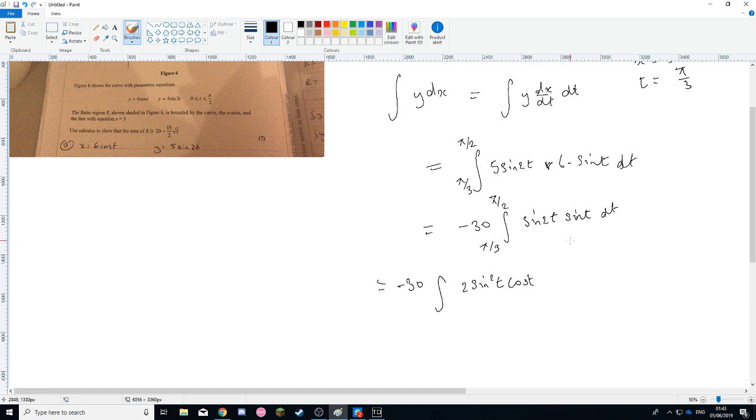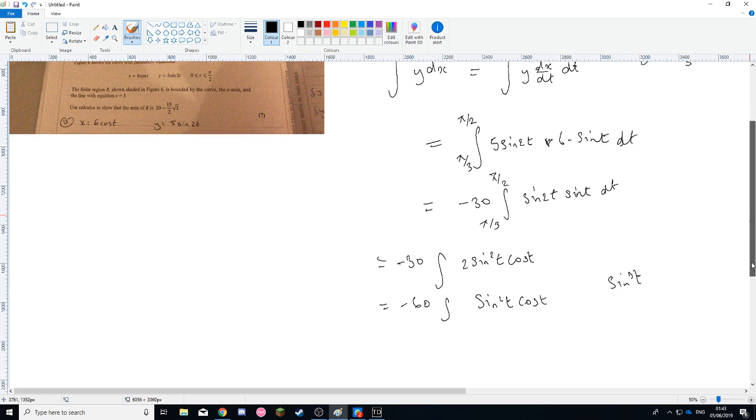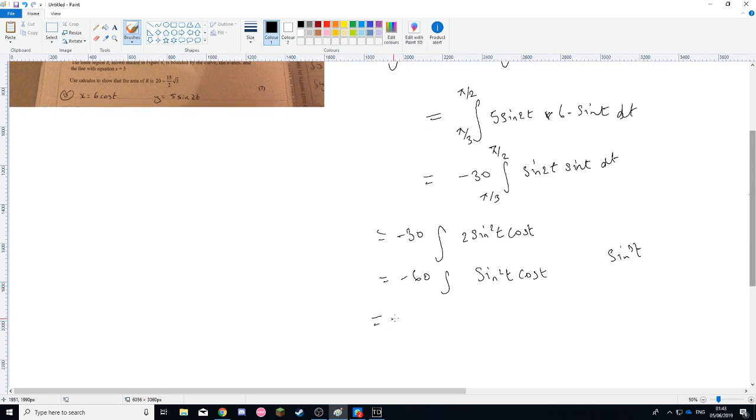You can just do reverse chain. So that's minus 60 integral sine squared t cos t. Consider sine cubed t. Sine cubed t goes to 3 sine squared t cos t. So you just do is equal to minus 60 a third.